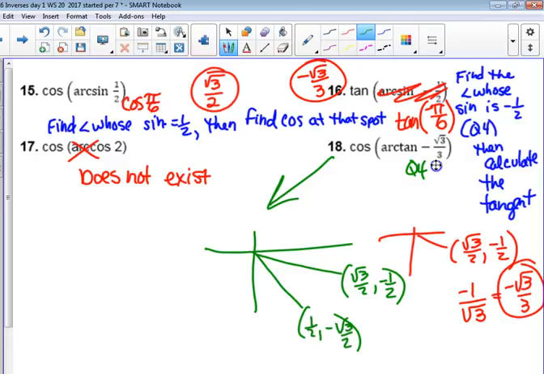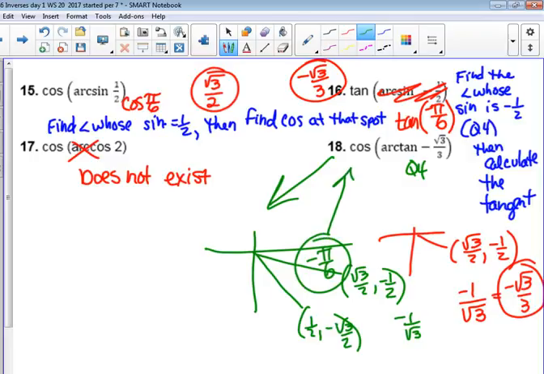So we need the one that would give me a tangent of negative square root of 3 over 3. Right here, 1 over square root of 3 would rationalize to this. So therefore, we were here at the same spot we were in the problem above it, which is at negative pi over 6.